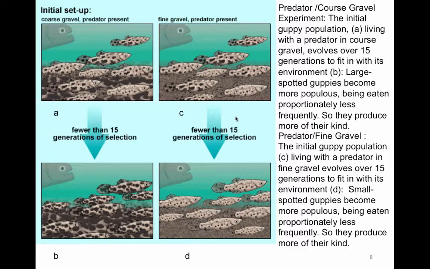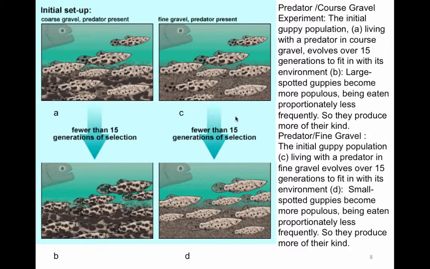That guppy population evolves over 15 generations to fit in with its environment, as depicted in figure B. That is, large spotted guppies become more populous, being eaten proportionately less frequently, so they produce more of their kind.